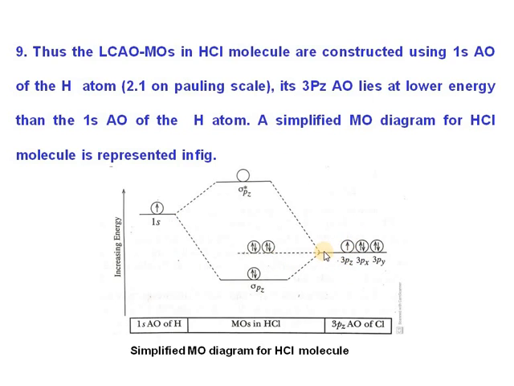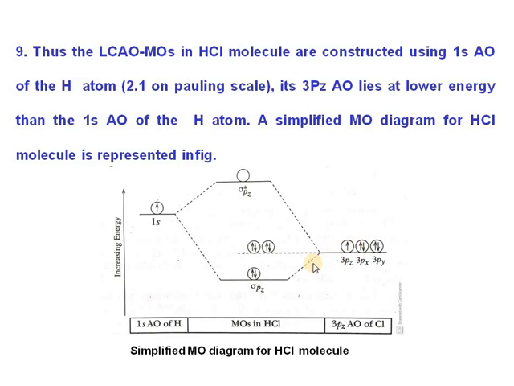So we can construct this molecular orbital diagram. We observe that the 1s orbital contains 1 electron in its outer shell, and the 3pz atomic orbital also contains 1 electron in its outer shell.